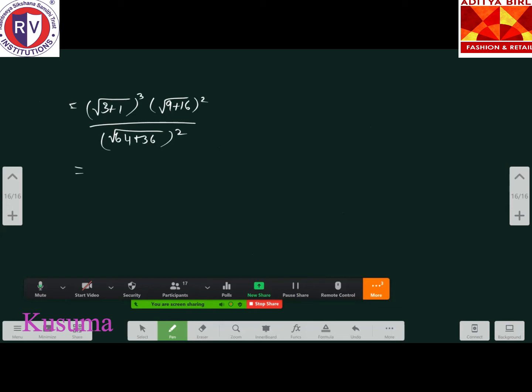Okay. The value of this will be 3 plus 1 is 4, root of 4 is 2, this is 2 cube, into 9 plus 16 is 25, so root of 25 is 5, this is 5 square, divided by, in the denominator 64 plus 36 is 100, root 100 is 10 square. So this will be 8 into 25 by 100, which is equal to 2.